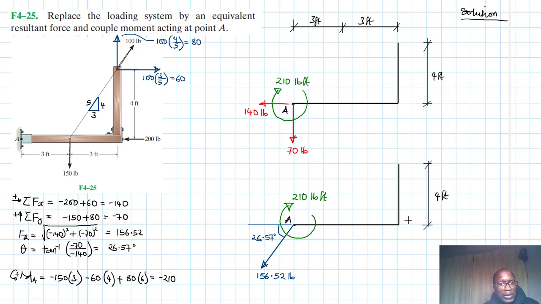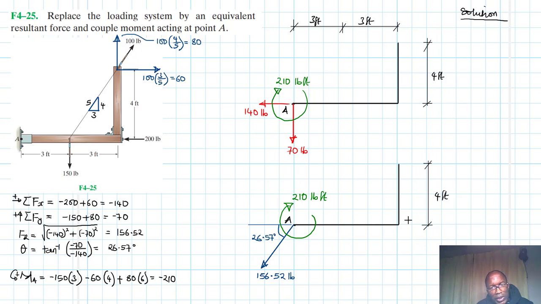We have the couple moment acting at point A, and we have the resultant force itself, which is 156.52. Alright, and the angle itself is 26.57. It is measured from the negative x axis, right?